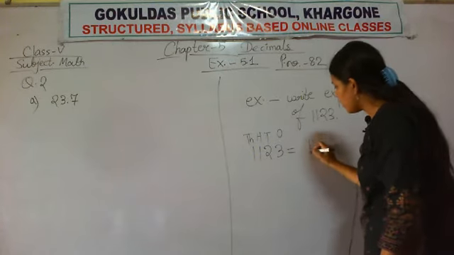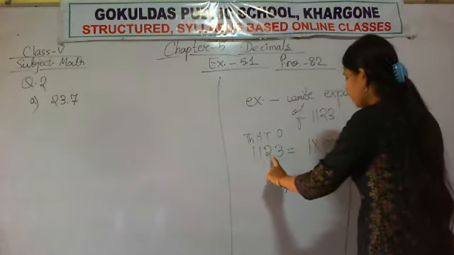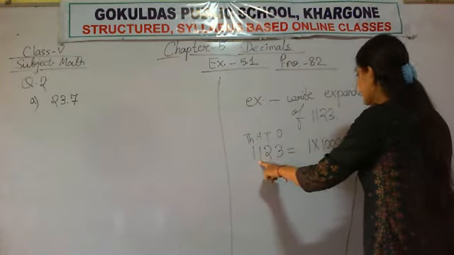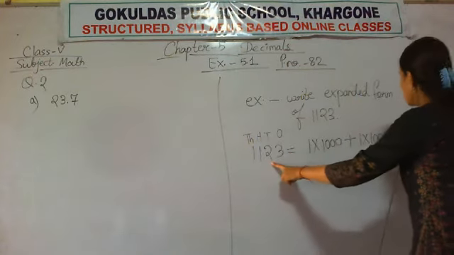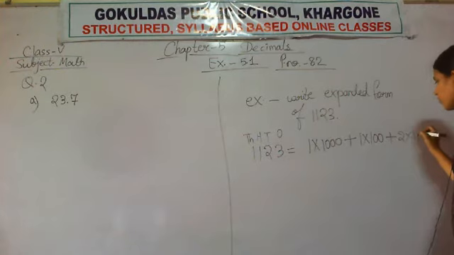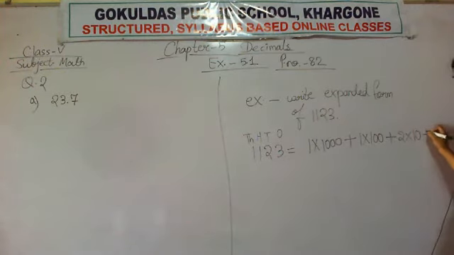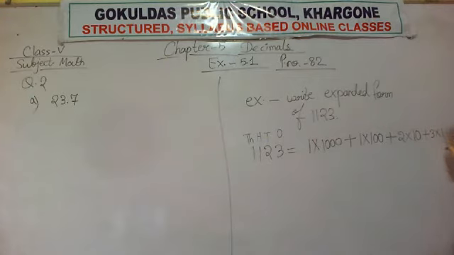This 1 will be multiplied by 1000, then plus this 1 multiplied by its place, that is hundreds. Then plus 2 is at the 10's place, so you multiply 2 with 10, plus 3 is at the 1's place, so you multiply 3 with 1.